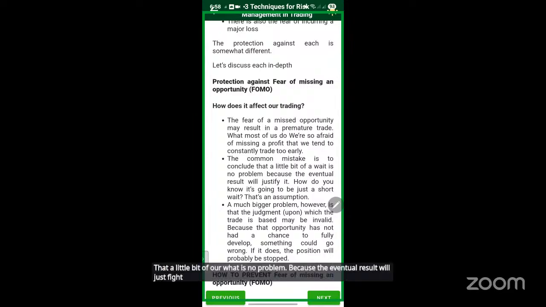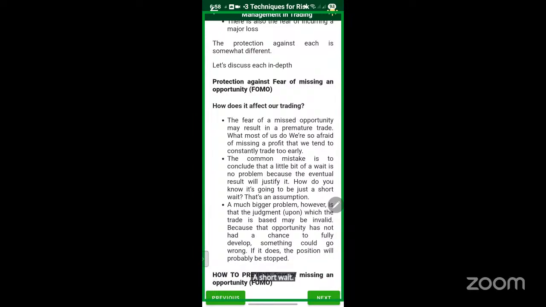How do you know it's going to be just a short wait? A short wait, that's an assumption. A much bigger problem, however, is that the judgment upon which the trade is based may be invalid because that opportunity has not had a chance to fully develop. Something could go wrong. If it does, the position will probably be stopped.